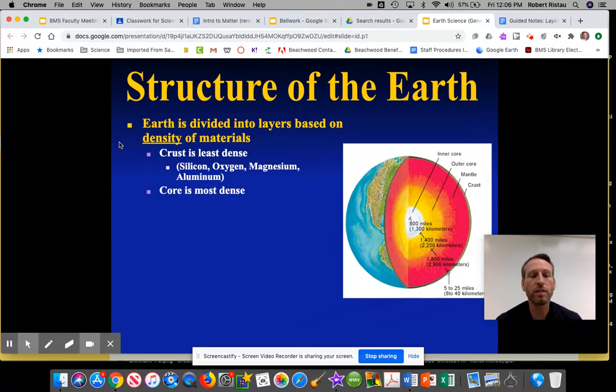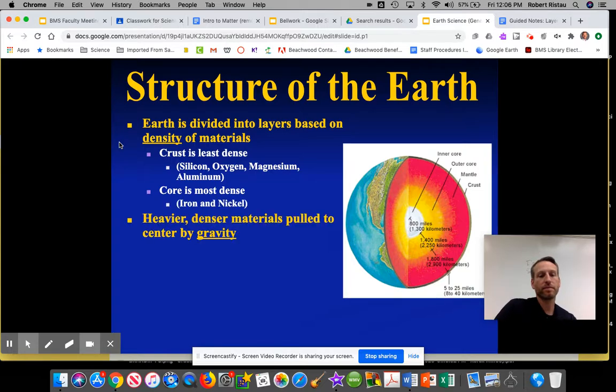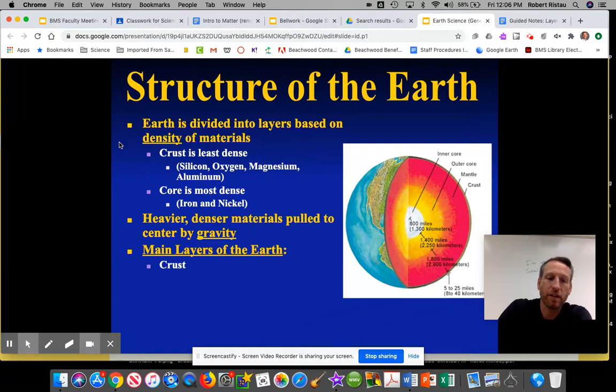The core in the center of the Earth is the most dense. It's made of metals, iron and nickel. Heavier, denser materials get pulled to the center by gravity. And you have these three main compositional layers: the crust, the mantle, like we talked about in class.